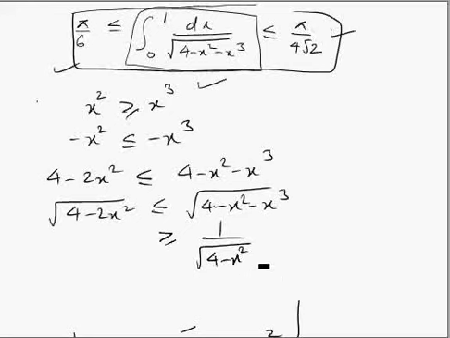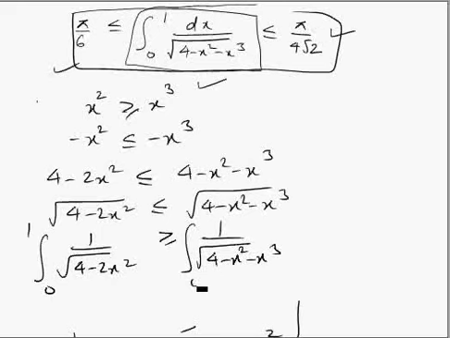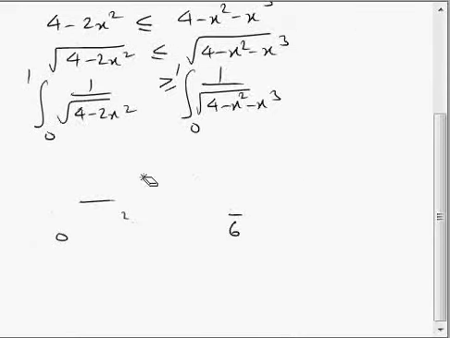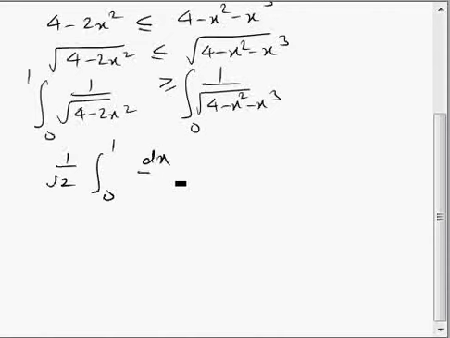Now you can see the upper bound on this is the integral of this, and in the integral of this we can take the square root out from the denominator. 1 by root 2, 0 to 1 dx over root of 2 minus x square. The integral is sine inverse of x by root 2 from 0 to 1, and you know this is pi by 4. So 1 by root 2 into pi by 4. This is the upper bound on this.